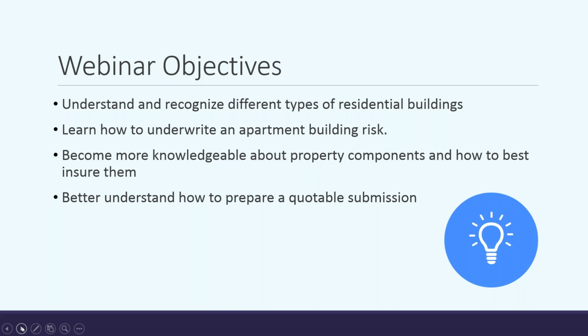And then let's talk about the property components and how you would insure them, because each apartment building is going to be different, and you're going to need to be able to establish what you've got. And then Michelle's going to talk about how to prepare a quotable submission.